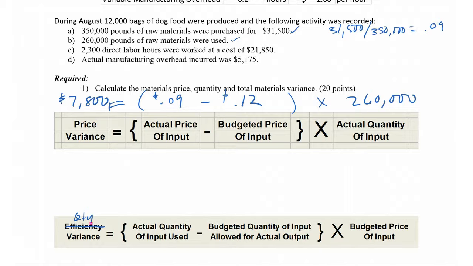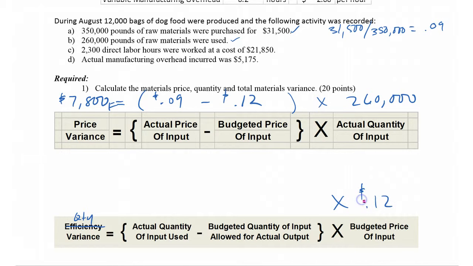In this case, what we're doing is just the opposite of what we did here. In this case, the variable was the price, and we held the quantity constant. We're going to do just the opposite here. The quantity is going to be the variable, and we're going to hold the price constant.